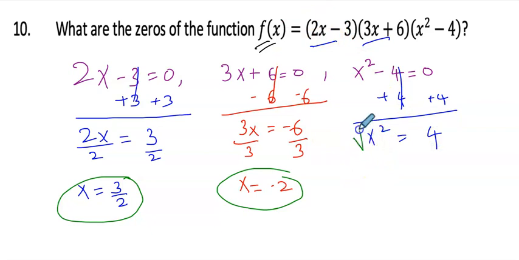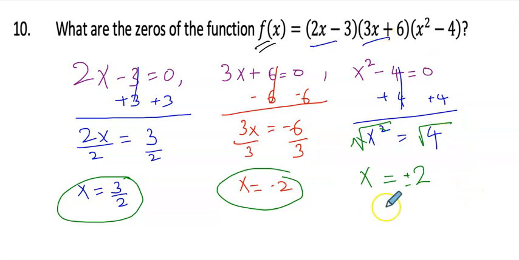Then I will take square root because x square's inverse operation is square root, taking square root on both sides. That gives you x is equal to square root of x square is x and the square root of 4 is 2. It can be a positive 2 or a negative 2. So 2 answers. x is equal to 2, comma, negative 2.